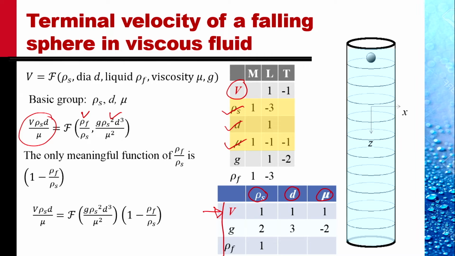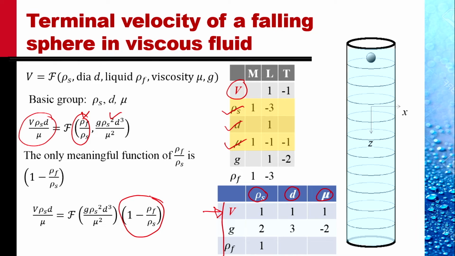Actually, we should be concerned only with the difference in densities. So, we can take this first parameter out, and the function of this will have to be of this form. So this has simplified the problem considerably.